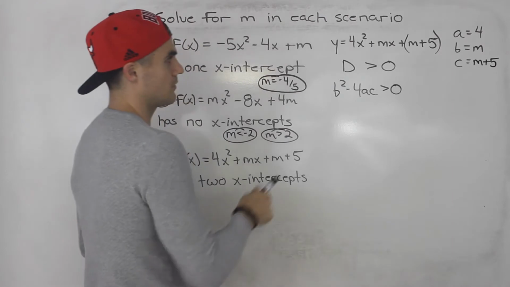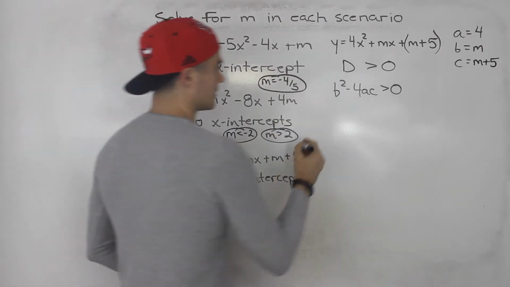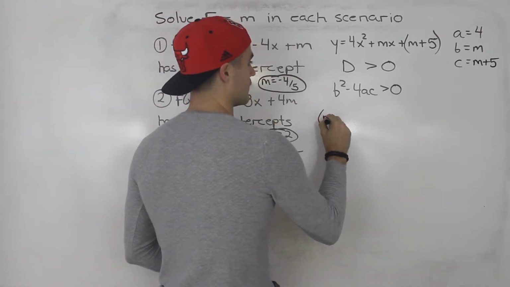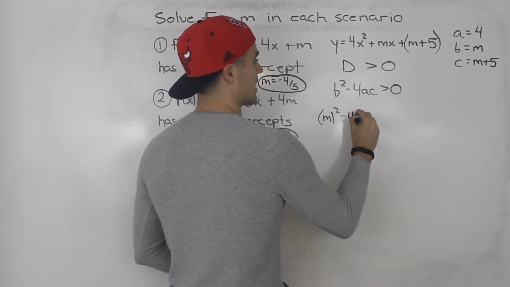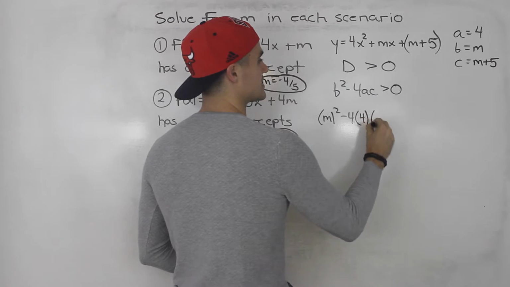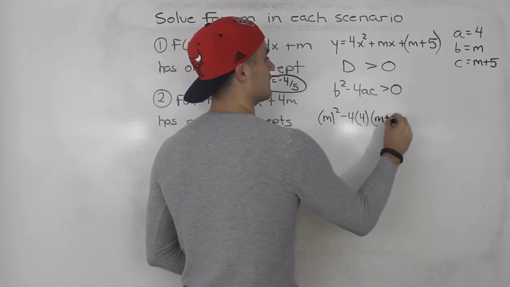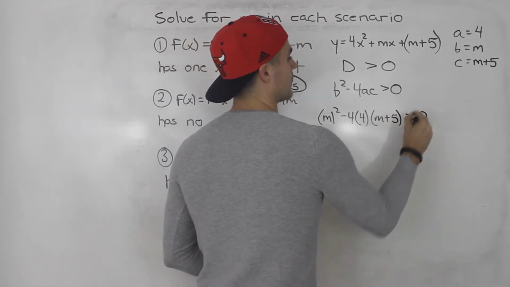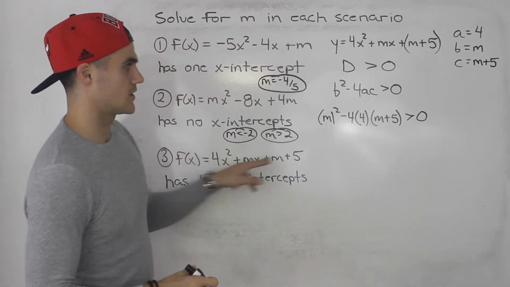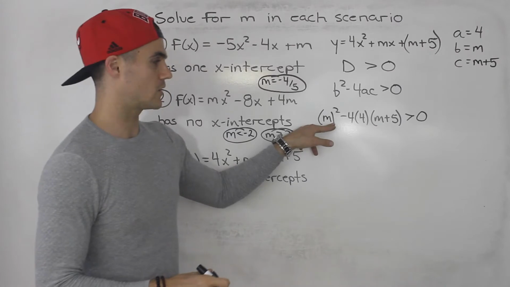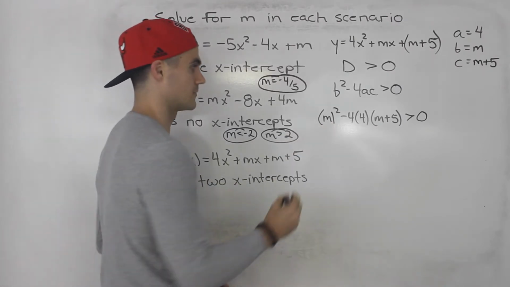Okay. So now we could take all of those and plug them in here. So we'd have m squared minus 4 times a, which is 4, times c, which is m plus 5. And we have to find when is that greater than 0. So like I did in the second scenario, I'm just going to expand this quadratic here, and then I'm going to graph it.